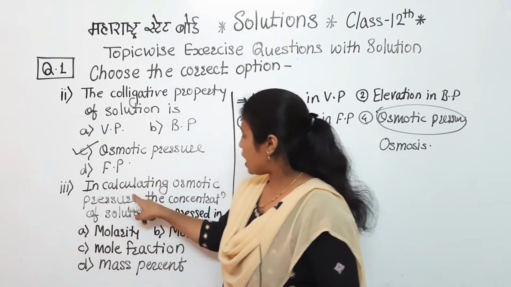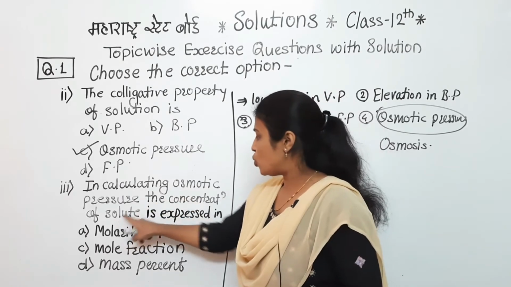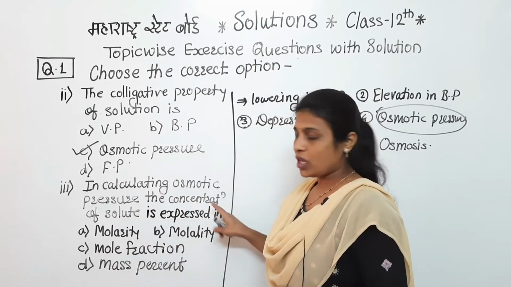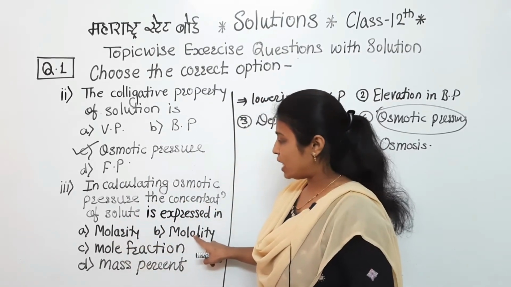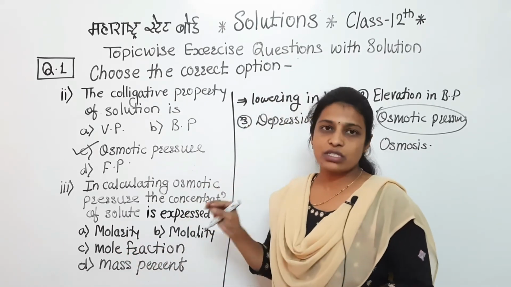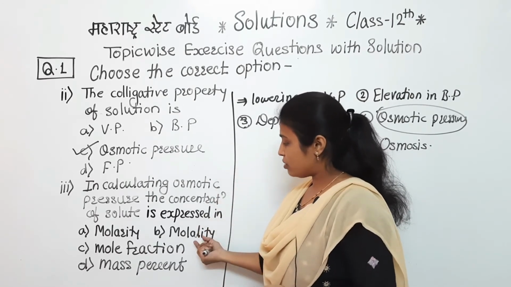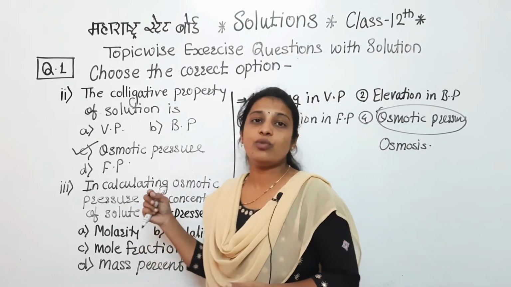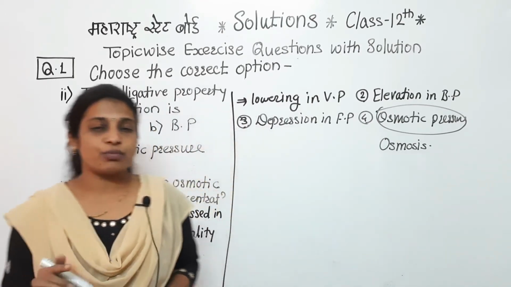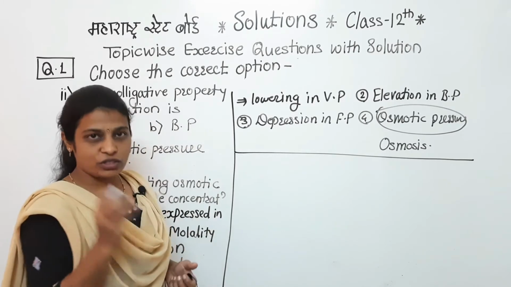Next one: In calculating osmotic pressure, the concentration of solute is expressed in molarity, molality, mole fraction or mass percent. Whenever you discuss colligative properties, only two types of concentration are used: for some it is molarity, for some it is molality. But for osmotic pressure, which concentration term is used?